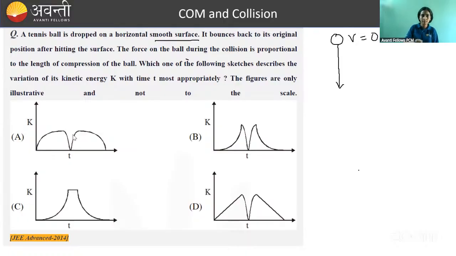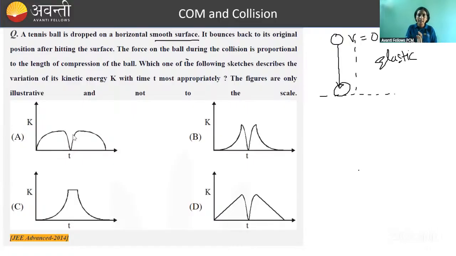यस रौनक, लेट्स सी. सो यहाँ पे बॉल जब गिरा है ग्राउंड पे, and after hitting the ground it is again bouncing back to the same position. What is the meaning of it? Meaning of it is collision is completely elastic. Energy is not going anywhere, right? But at the time when it is colliding, the ball is somewhat getting compressed.